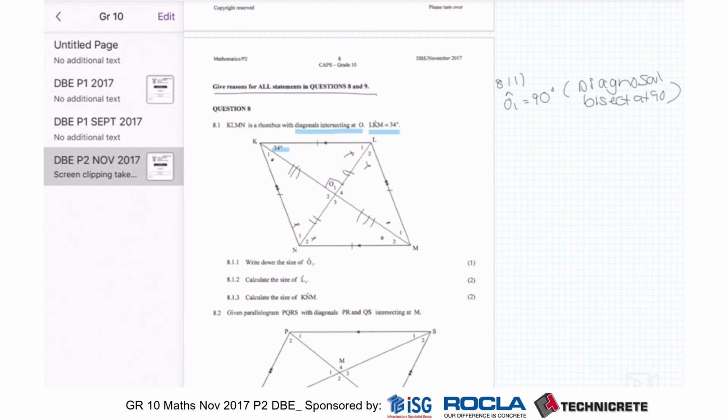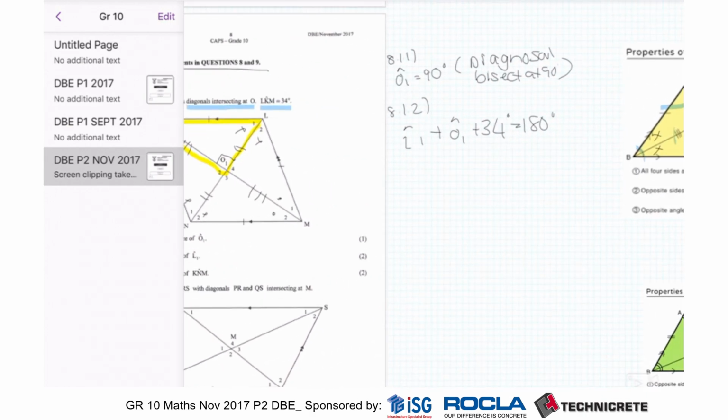Write down the size of angle L. So now we can see that we've got created here a triangle, and we can find L from sum of angles of a triangle. So angle L1 plus angle O1 plus 34 is equal to 180 degrees. You have to give reasons, so my reason is sum of angles of a triangle.